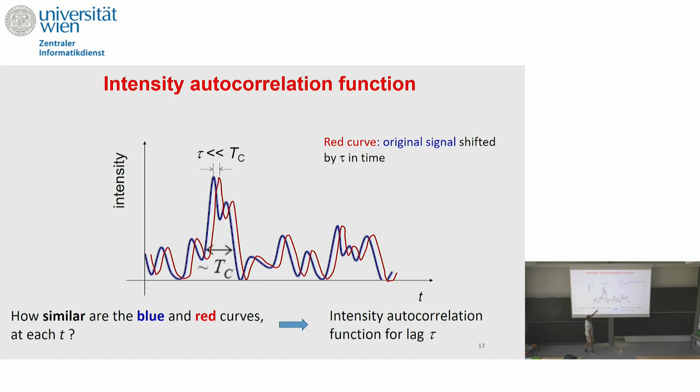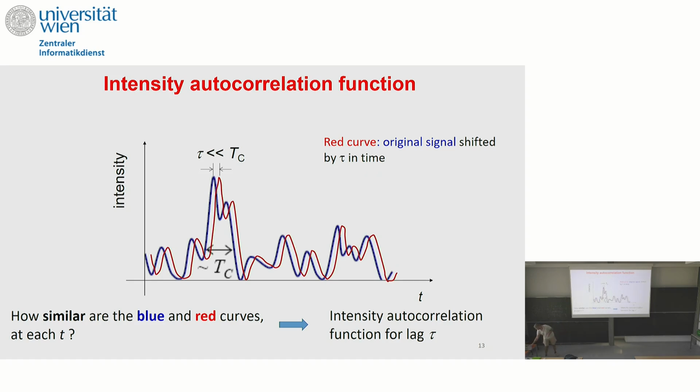Is, for example, here the value of the red and blue curve intensity the same or very close? Yes. If I go here, well, not exactly the same, but quite similar, etc. Clearly, if I have shifted by a very small amount tau, the red and the blue curve will be very similar. They will be, in mathematical terms, highly correlated. So this intensity correlation function quantifies how similar, time by time, are the original signal and the time-shifted signal.